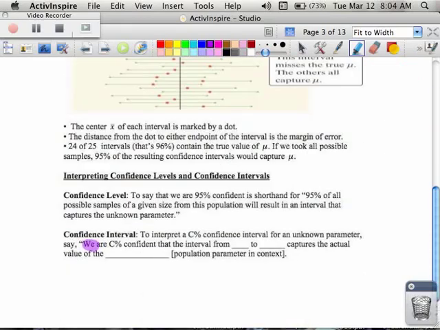We are whatever percent you want to talk about, in our case 95%, confident that the interval from the low to the high of whatever you're talking about captures the actual value of the, and then you name whatever you're talking about, the true mean of golf ball distances or whatever it is. Again, put it in the context.